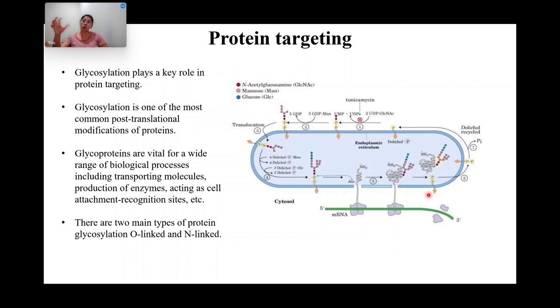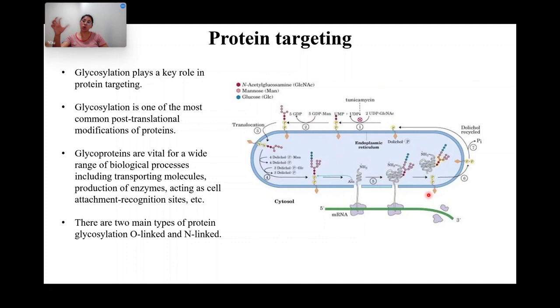So the first step is that 14 sugar molecules come together and get assembled: 3 glucose, 2 N-acetylglucosamine, and 9 mannose. These 14 sugars come together on the ER membrane on dolichol, which acts like a lipid carrier. It carries all these different units together and brings them up to the ER membrane.